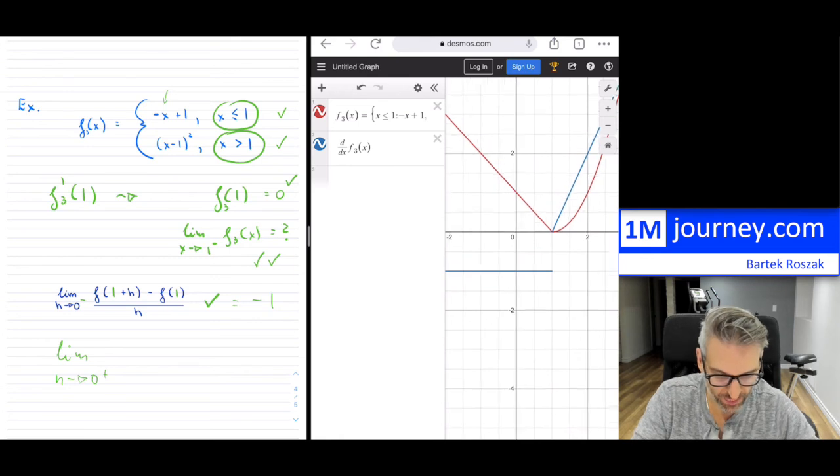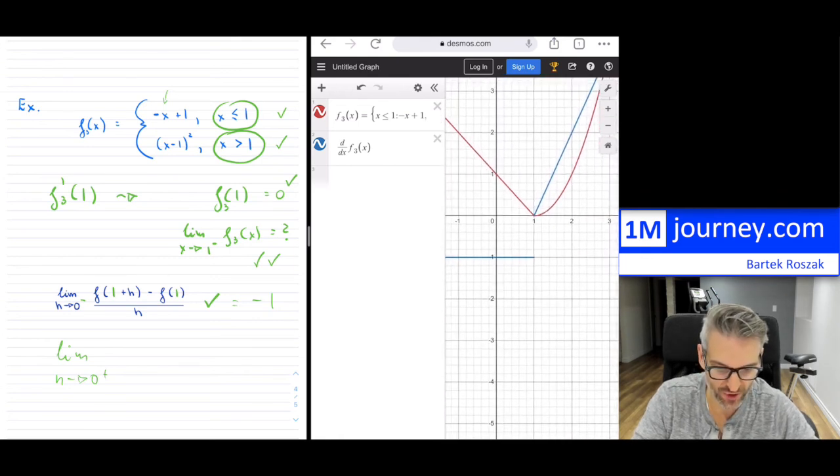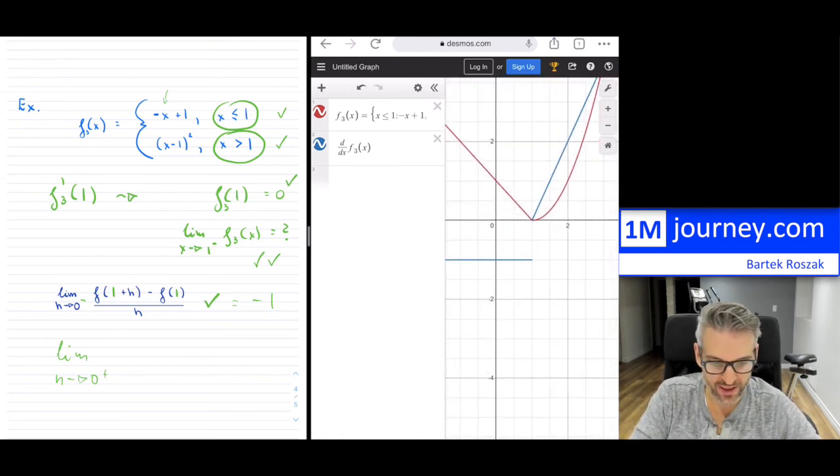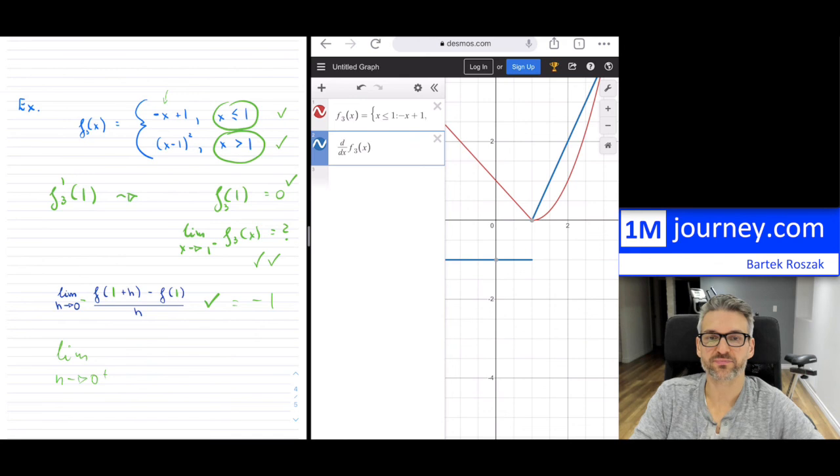This actually plots the actual derivative for us. And notice indeed, this is the slope to the left, which is all fine. We can go all the way down in here and find it. But then the slope over here is something different. So notice the left and the right hand side slopes are not equal to each other.